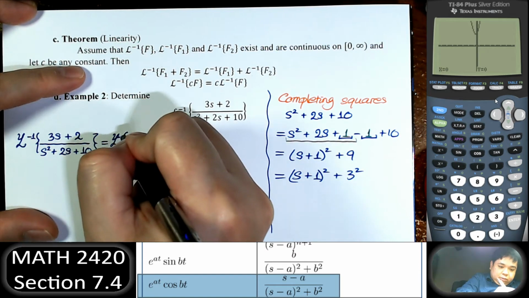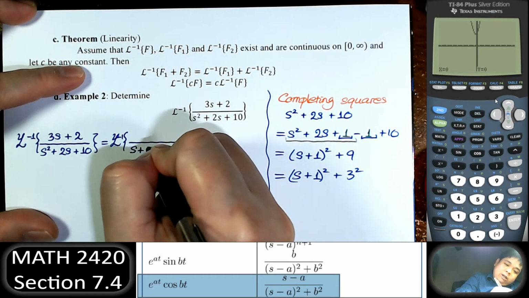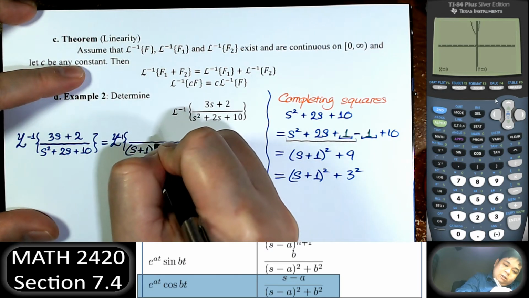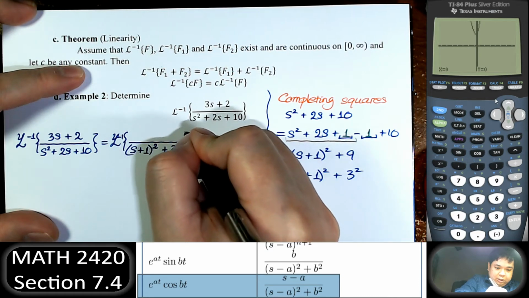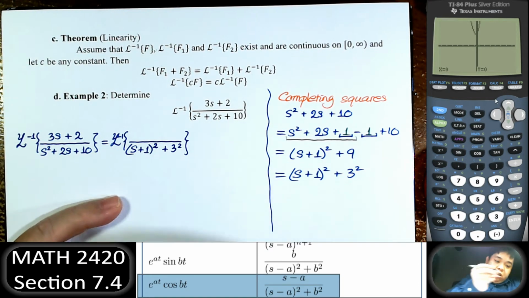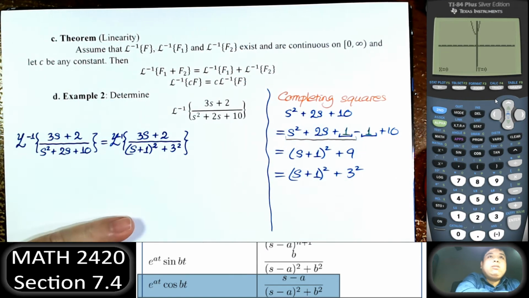Now, the bottom is s plus 1 squared plus 3 squared. Right, the top is 3s plus 2.